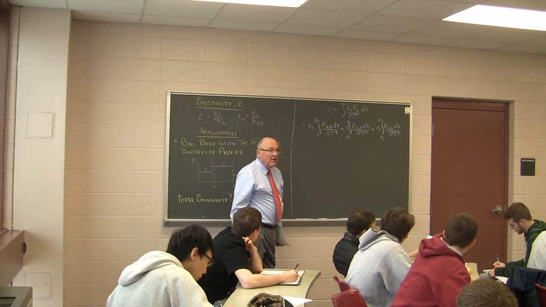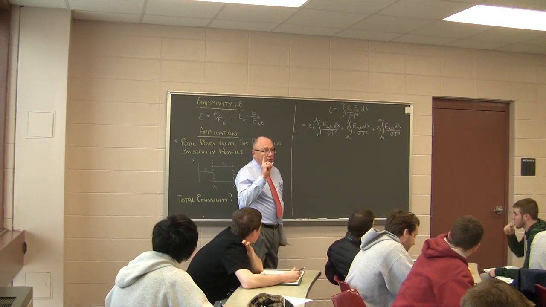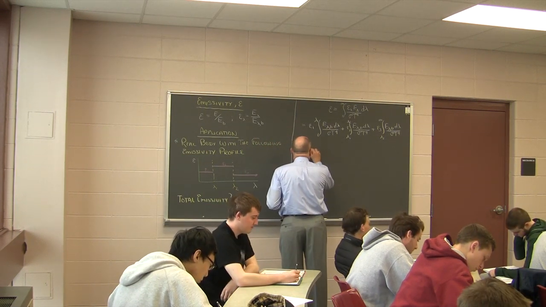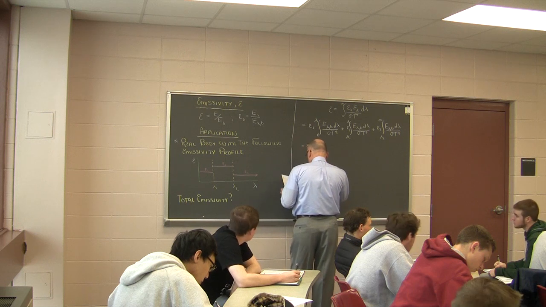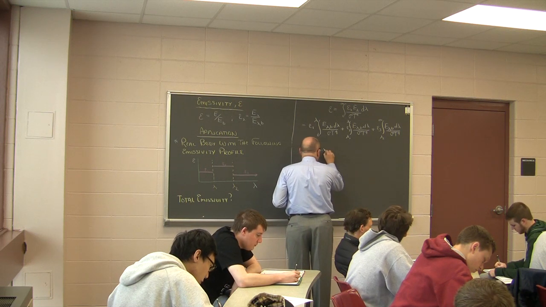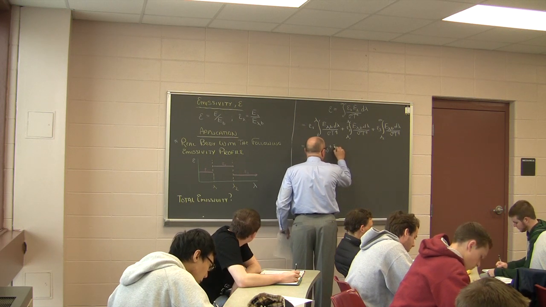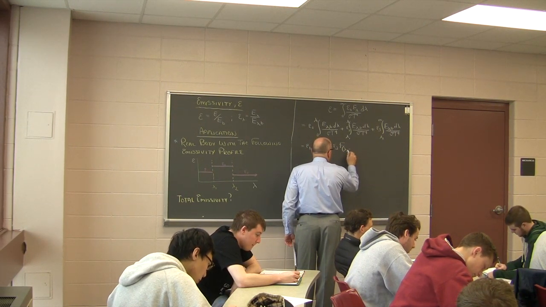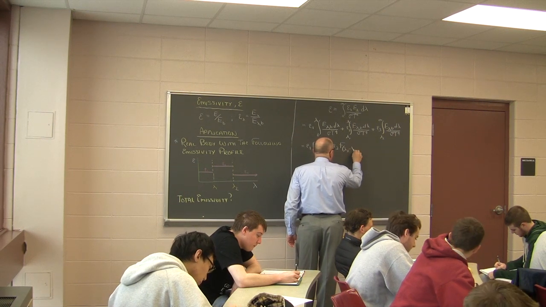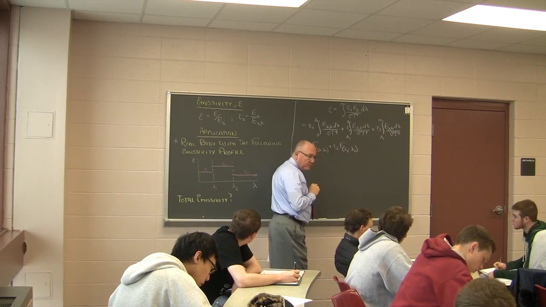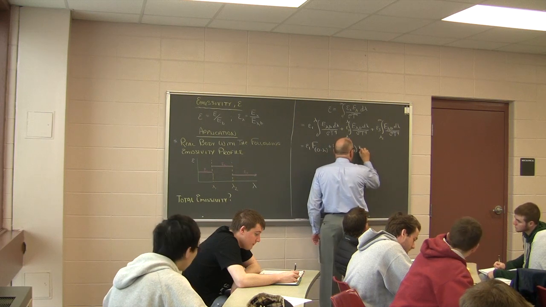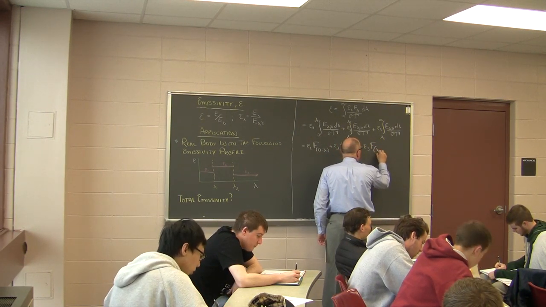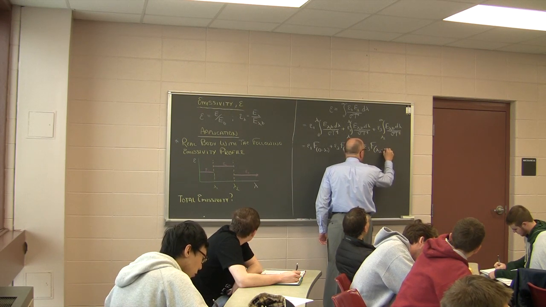That is correct. That is F from 0 to lambda 1. So this is equal to epsilon 1 times F from 0 to lambda 1, plus epsilon 2 times F from lambda 1 to lambda 2, plus epsilon 3 times F from lambda 2 to infinity.